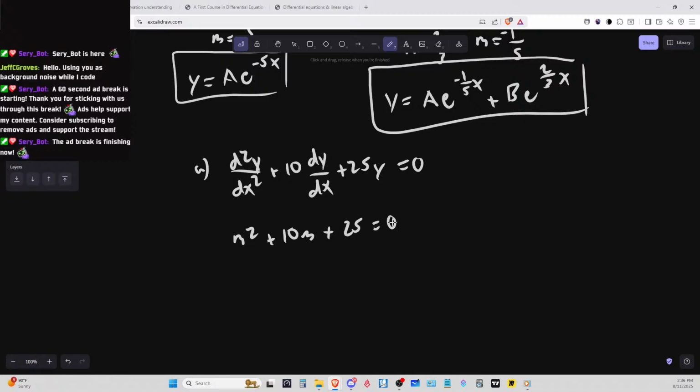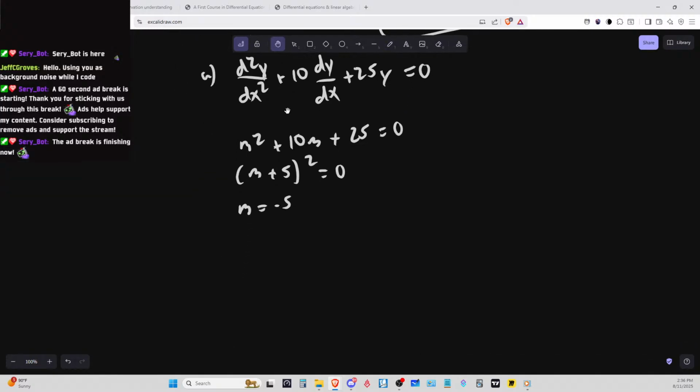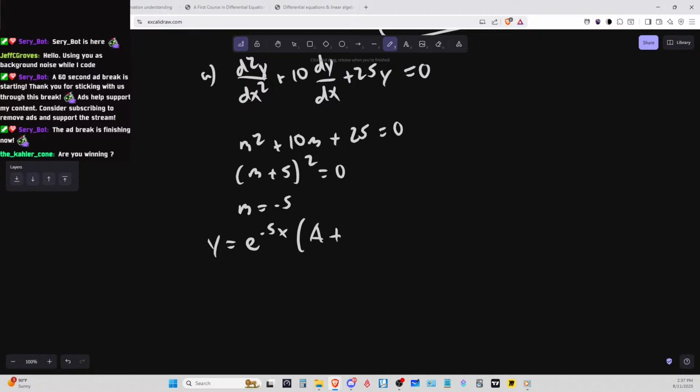Oh, yeah, we know where this is going. It's practically just this equals 0, which means we're left with a multiplicity of, so if that's the case, we are left with y is equal to e to the, and then a plus bx.